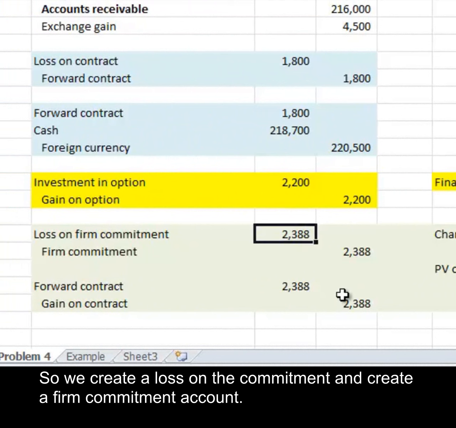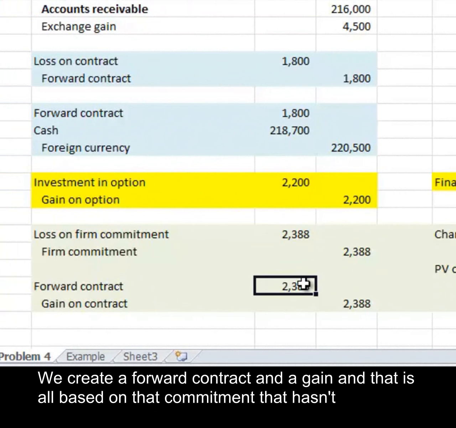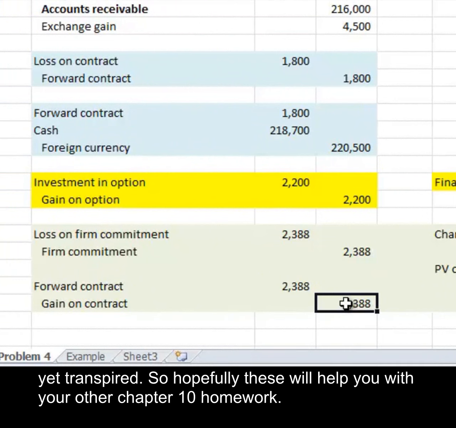So we create a loss on the commitment and create a firm commitment account. We create a forward contract and a gain, and that is all based on that commitment that hasn't yet transpired. So hopefully these will help you with your other Chapter 10 homework.